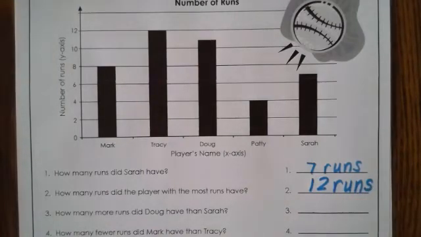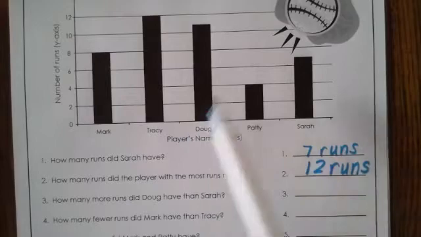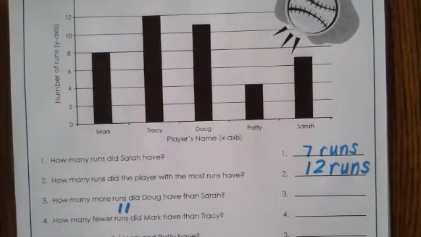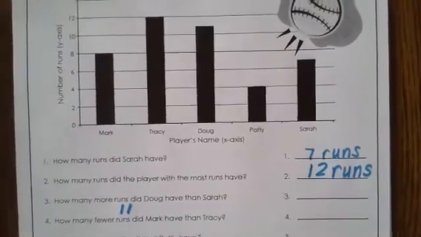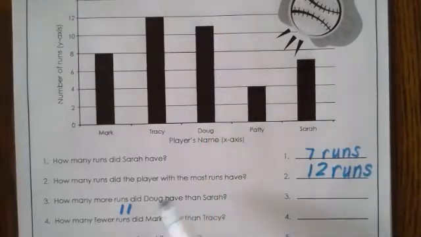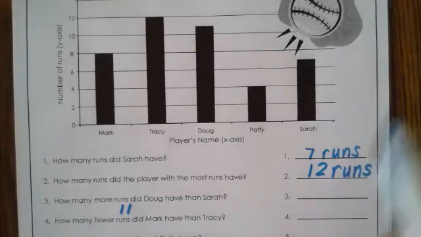In the next problem, how many more runs did Doug have than Sarah? So we need to find both players. Doug had 11. And "how many more" is a clue for us. How many more means minus. We already know that Sarah had 7.